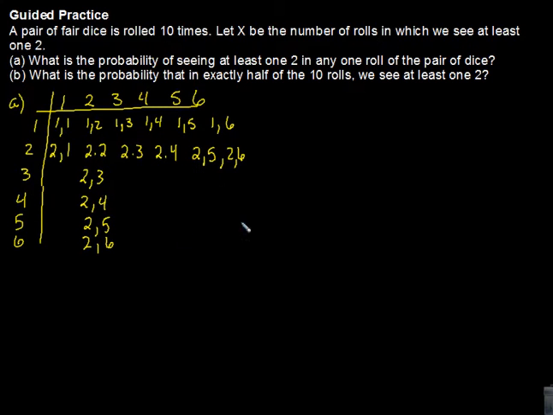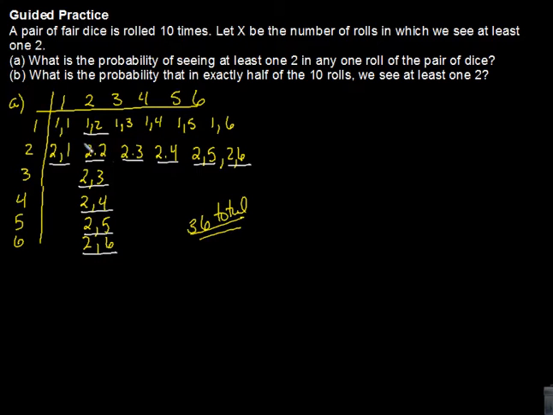The only reason I would need to fill that out is if I didn't remember how many possible combinations there were when I'm rolling 2 dice. Do you guys remember? 36. Okay, when I'm talking about 2 dice, and I'm talking about the sum or combination, there's going to be 36 total. Out of those 36, I have 1, 2, 3, 4, 5, 6, 7, 8, 9, 10, 11 times that I see at least one 2.